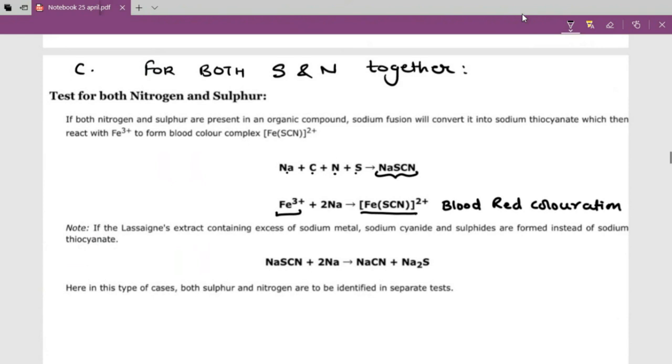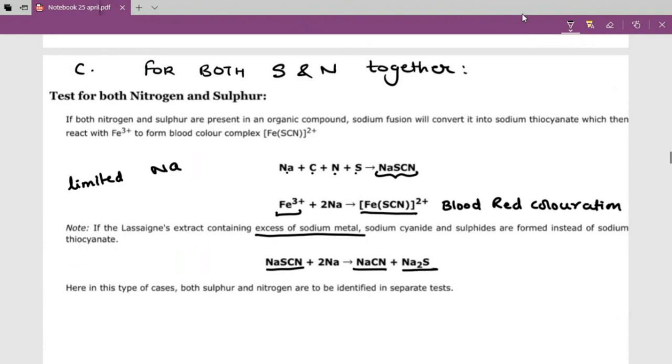Okay, but to have this test, you should have limited sodium. If by error we have added excess sodium, if an excess of sodium metal is used, then this NaSCN decomposes to NaCN and Na2S.